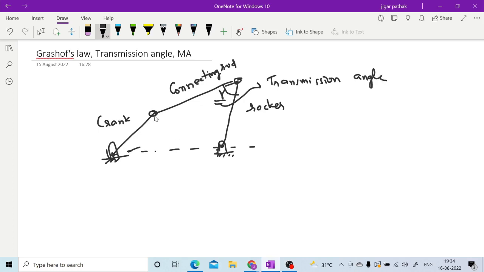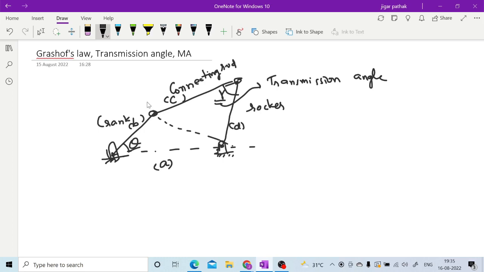Now for the optimum value of this transmission angle, you can have this angle as theta, that as gamma, and the link lengths as A, B, C and D.